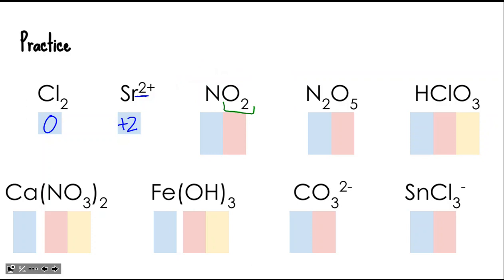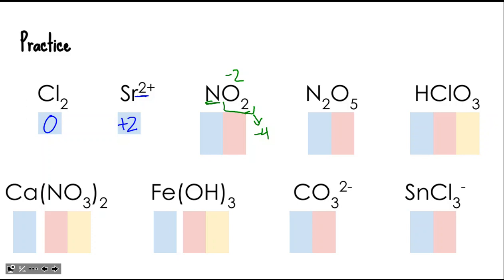In this case, oxygen is going to be a -2. That is the normal oxidation state for oxygen. Now there's two of them, so this totals up to a -4 in terms of the overall charge. If there's only one nitrogen and we need this to add up to 0, what is the oxidation number on the nitrogen in this case?